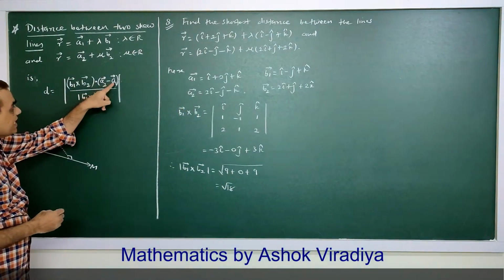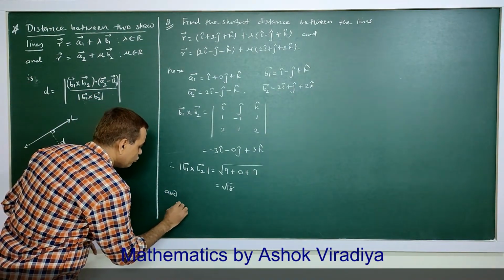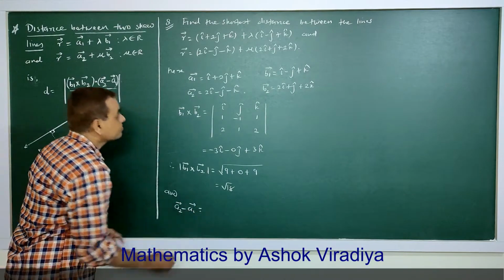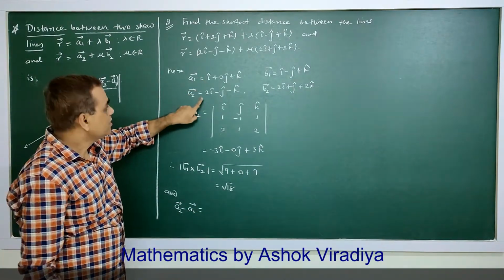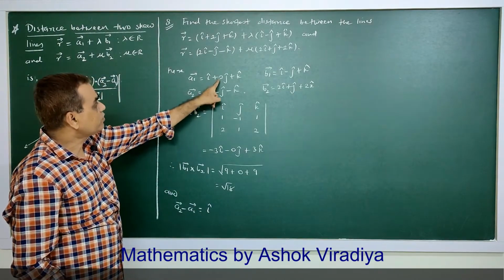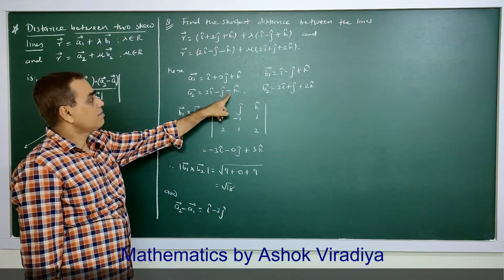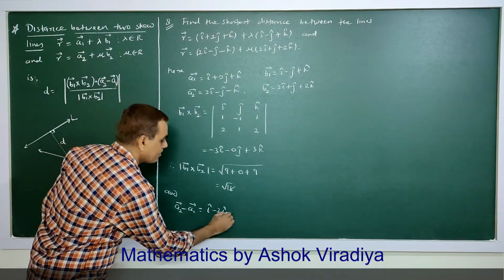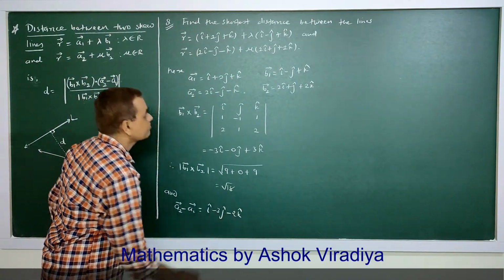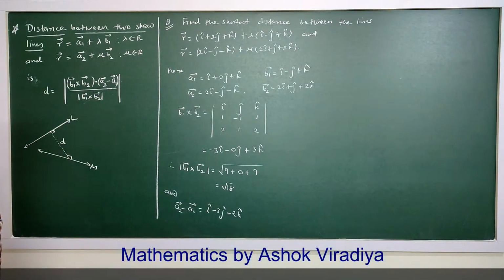Then we require vector a2 minus vector a1. So 2 minus 1, so 1 times i. Minus 1 minus 2, that is minus 3 times j. Minus 1 minus 1, that is minus 2 times k. So this is a2 minus a1.